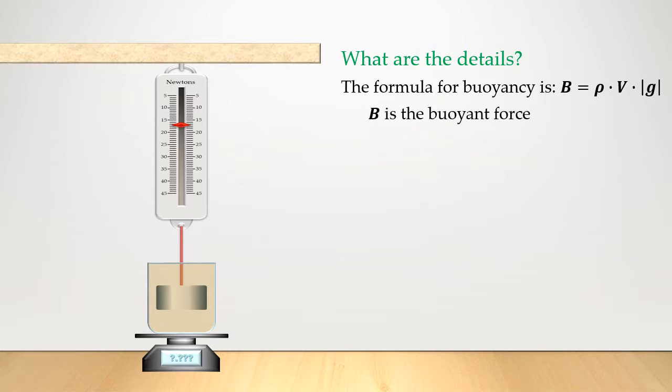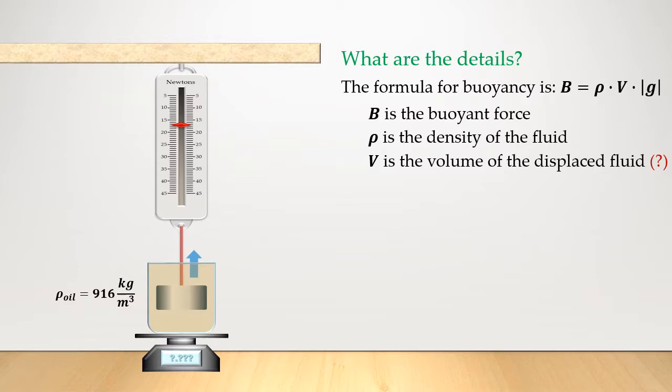B is the buoyant force, that is the force which lifts up the iron, as the blue arrow shows there. Greek letter rho stands for the density of the fluid that's doing the buoying. And from the problem, you may remember that the density of that oil is 916 kilograms per cubic meter.